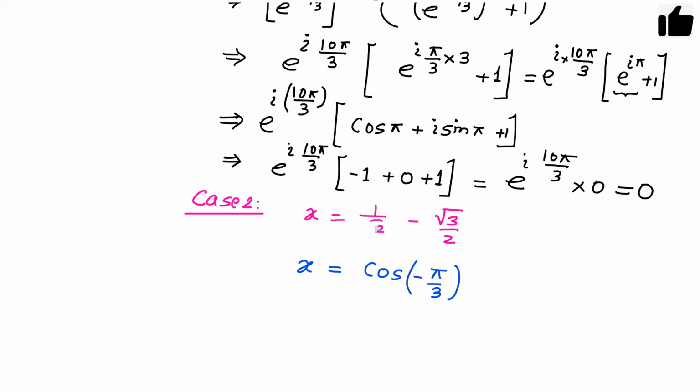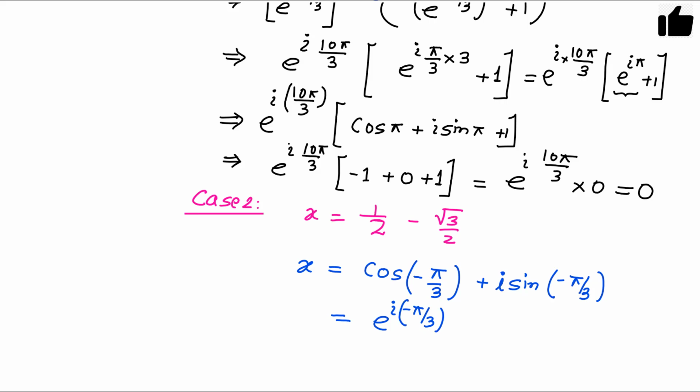This is 1 by 2, not root 2. And then this is plus i sine of minus pi by 3. And this can be written as e raised to the power i times minus pi by 3.